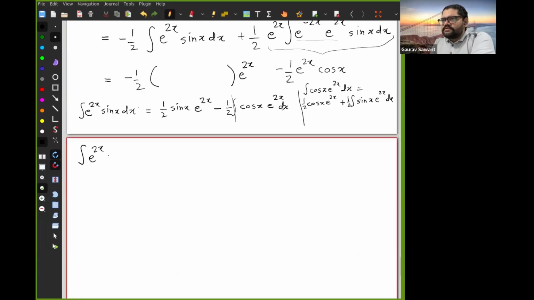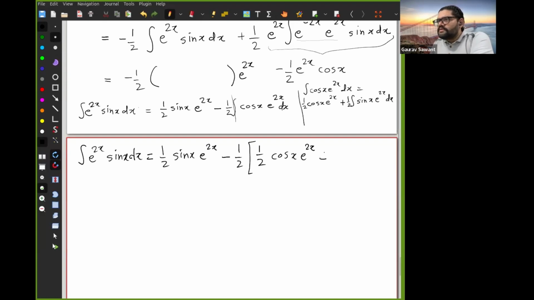Integral e power 2x sin x dx is equal to half sin x e power 2x minus half cos x e power 2x plus half integral e power 2x sin x dx.